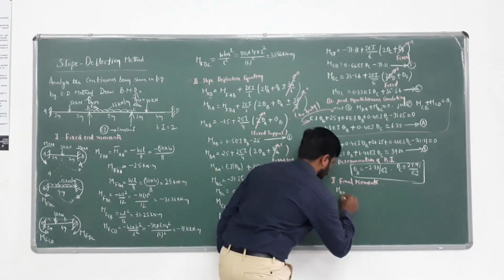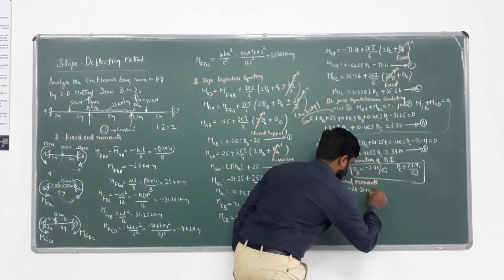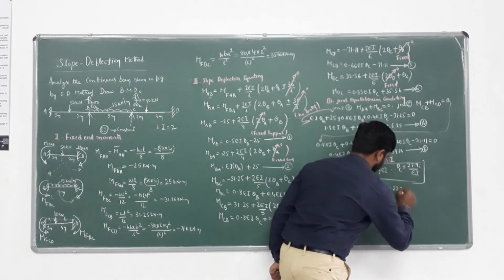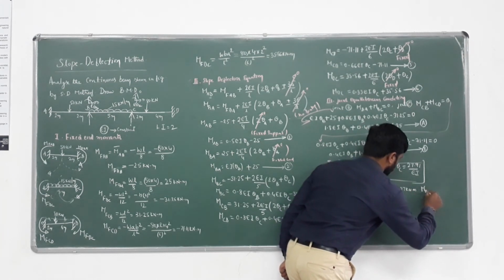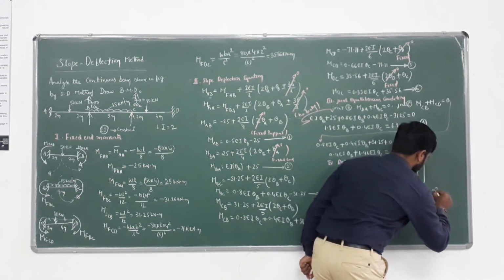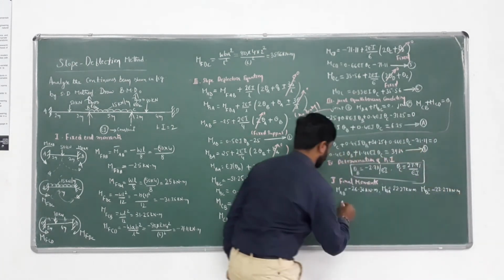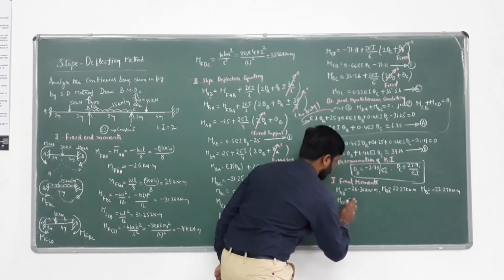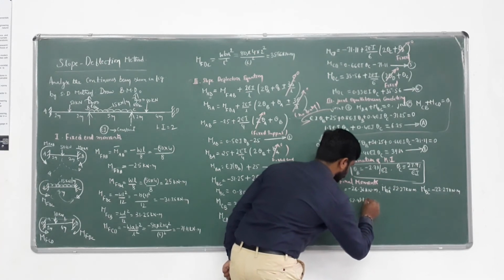What is the value of MAB? Minus 26.36 kilonewton meter. What is the value of MBA? 22.27 kilonewton meter. What is the value of MBC? Minus 22.27. What is the value of MCB? 52.48 kilonewton meter.